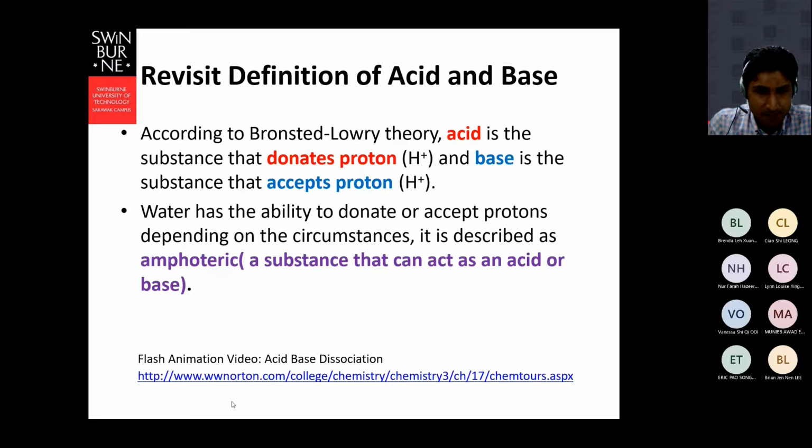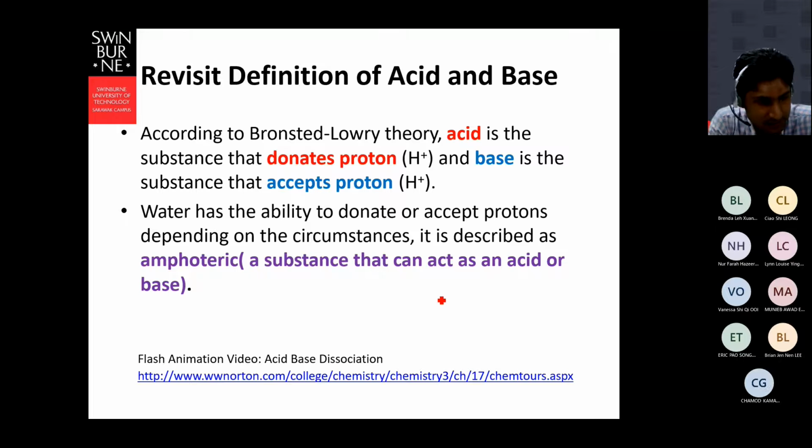Before we go more into this acid-base equilibrium, let's revisit or refresh our memories about the Bronsted-Lowry acid and base definition. There are many other definitions, at least 3. And out of that, we studied Bronsted and Lowry's acid and base definition. That is quite easy.